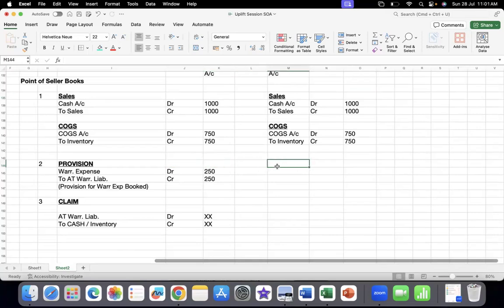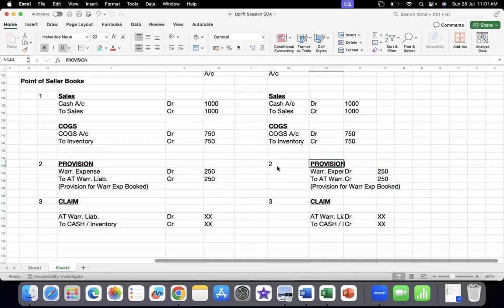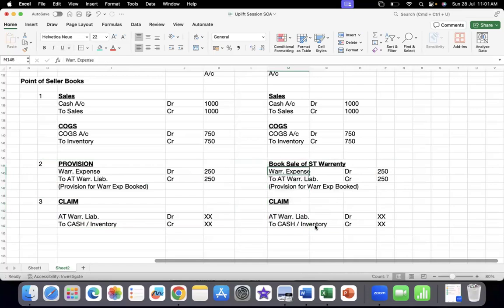That's it. So instead of booking a provision, the way we have booked it right here, you book a sale of service type warranty.